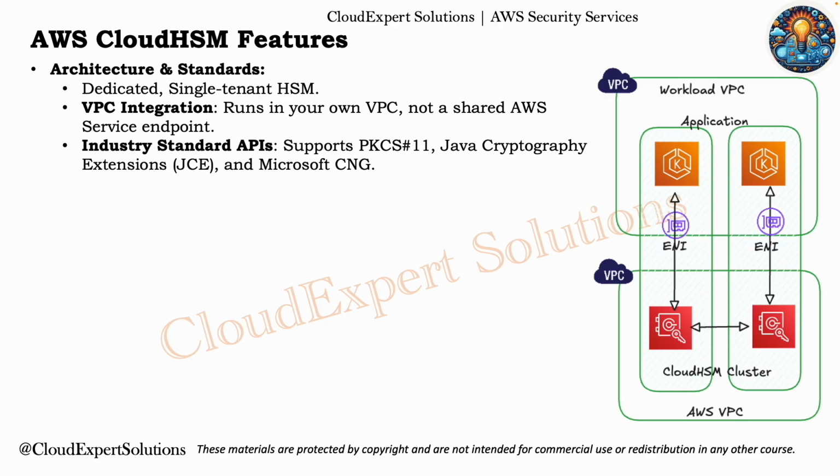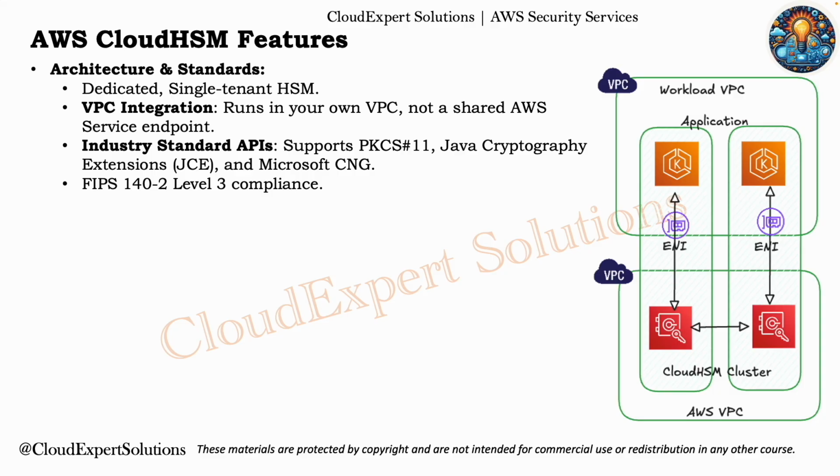If you have an old on-premise application that uses PKCS#11 or Java Cryptography Extension, or JCE, you can migrate that to CloudHSM without rewriting your entire code base. And the big one for the exam is that it is FIPS 140-2 Level 3 compliant, which is a step up in physical tamper resistance compared to many standard software-based solutions.